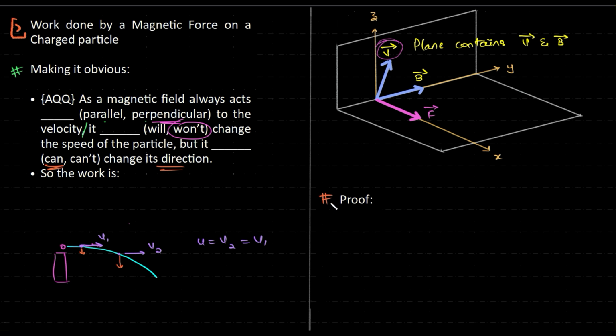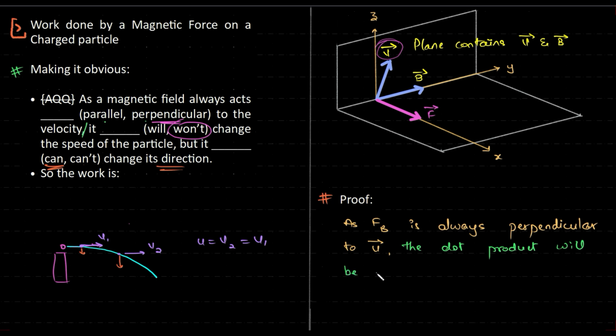Okay, guys, let's look at the proof. Let's make it obvious. We'll make use of the fact that the force because of the magnetic field is always perpendicular to the velocity. The dot product will be 0.